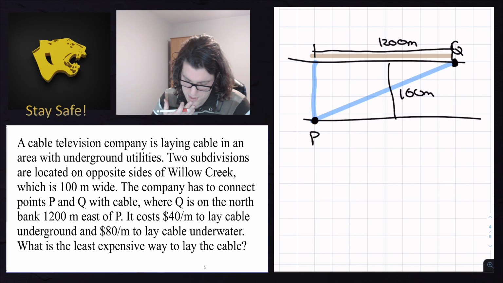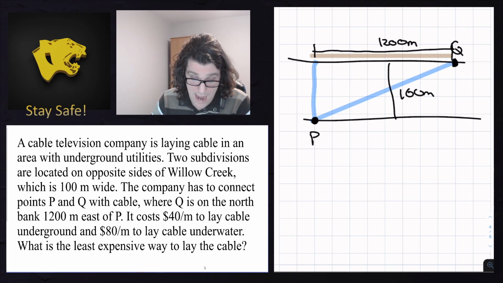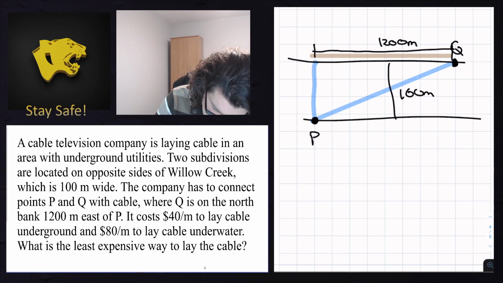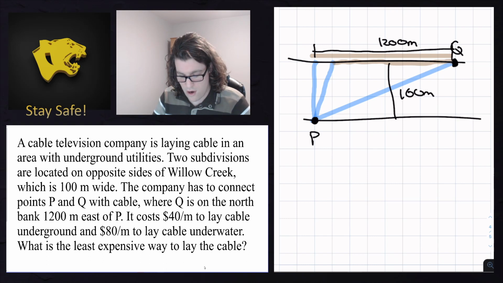My guess, though, would be that P to Q directly would probably be more expensive than P straight across and then go along the ground. However, there may be a little way to cut a corner here and then go the rest of the way under the ground and have it be even cheaper than that option. So I have to keep that kind of open and in mind as I do this problem.